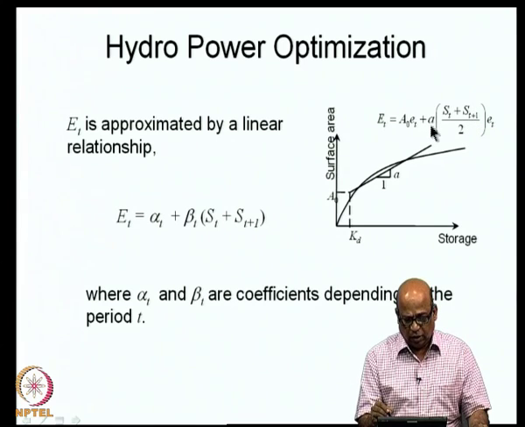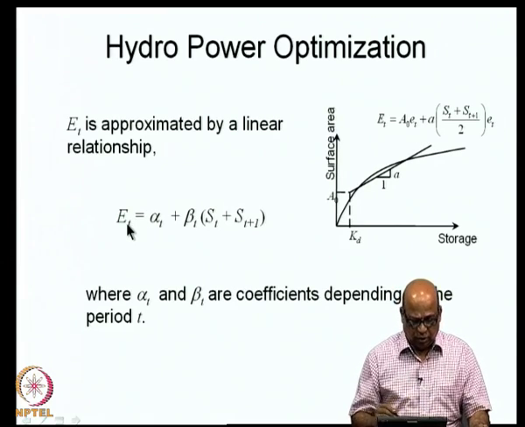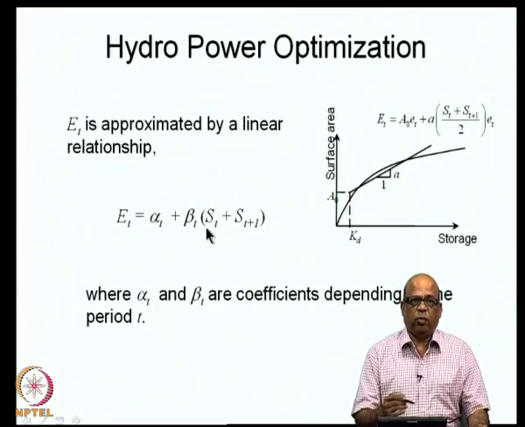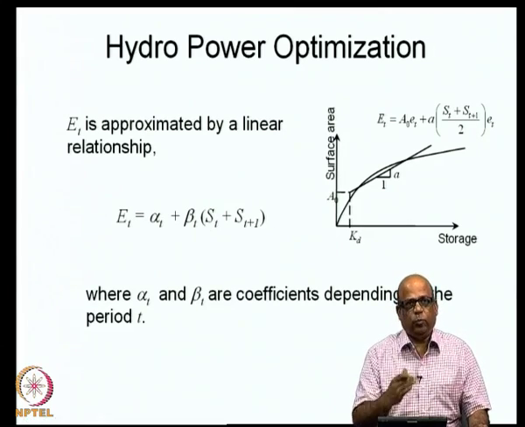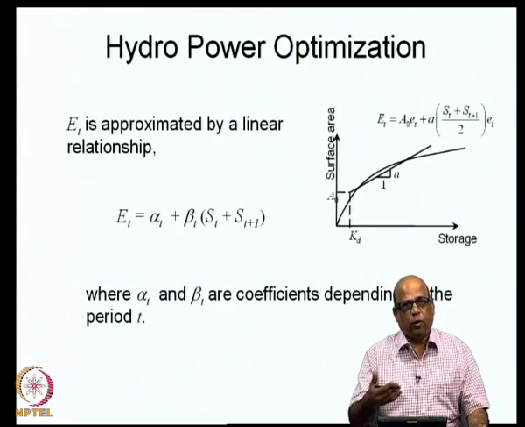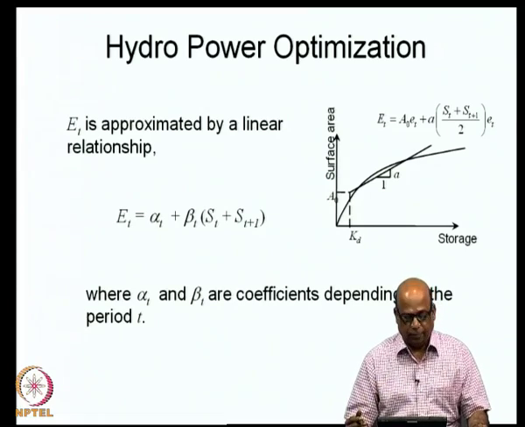We may have area of water spread, or this is the slope of this line, and Et is the rate of evaporation. All of these are absorbed, and then we write Et in volume units as a simple linear equation, because we would like to formulate this problem as a chance constraint linear programming problem, and therefore, all the constraints have to be linear, all the relationships have to be linear.